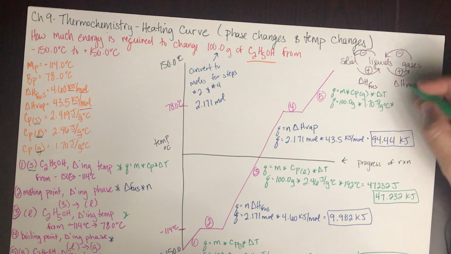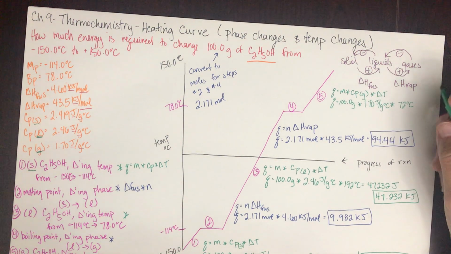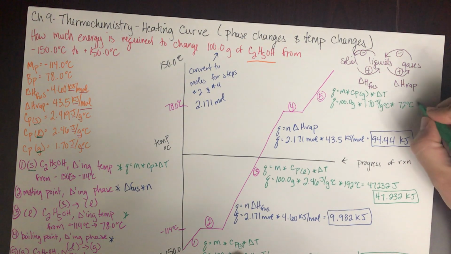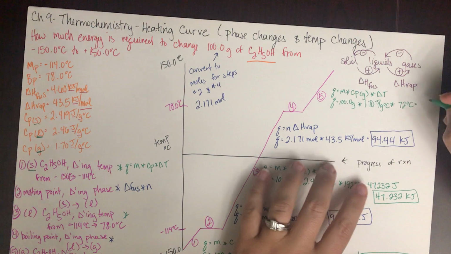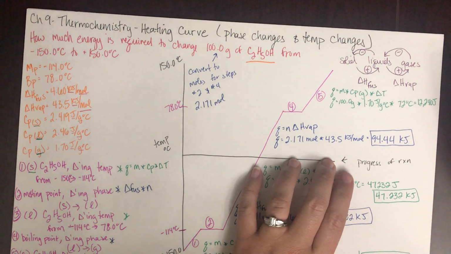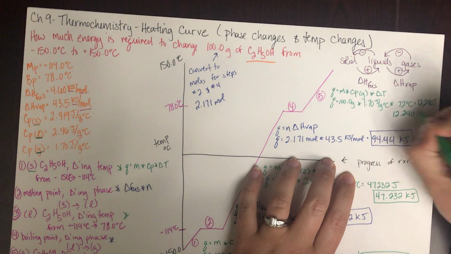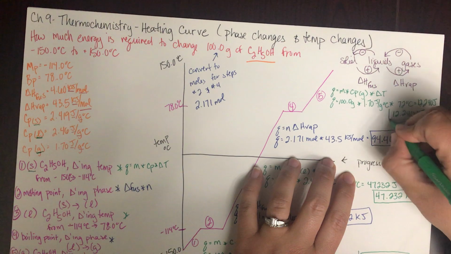So that is 72 degrees Celsius. So when you multiply this together, you should get 12,240 joules, or 12.240 kilojoules.